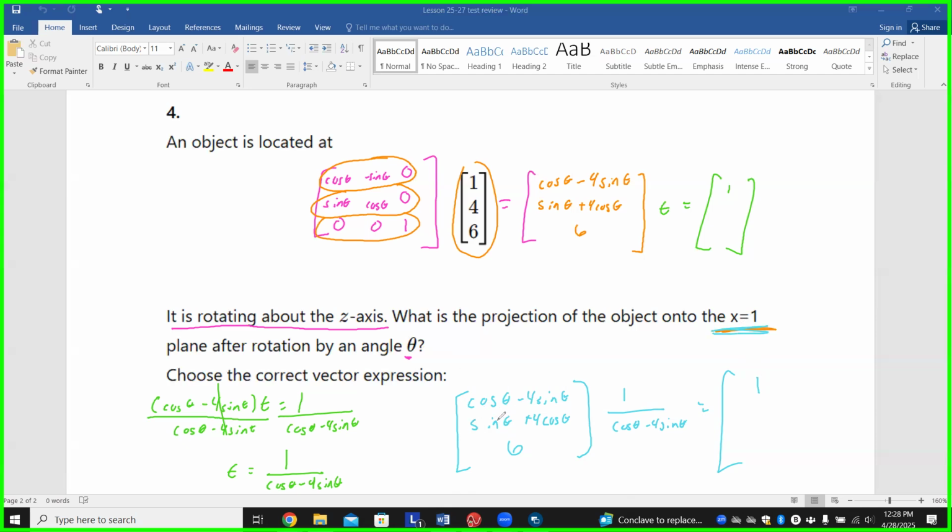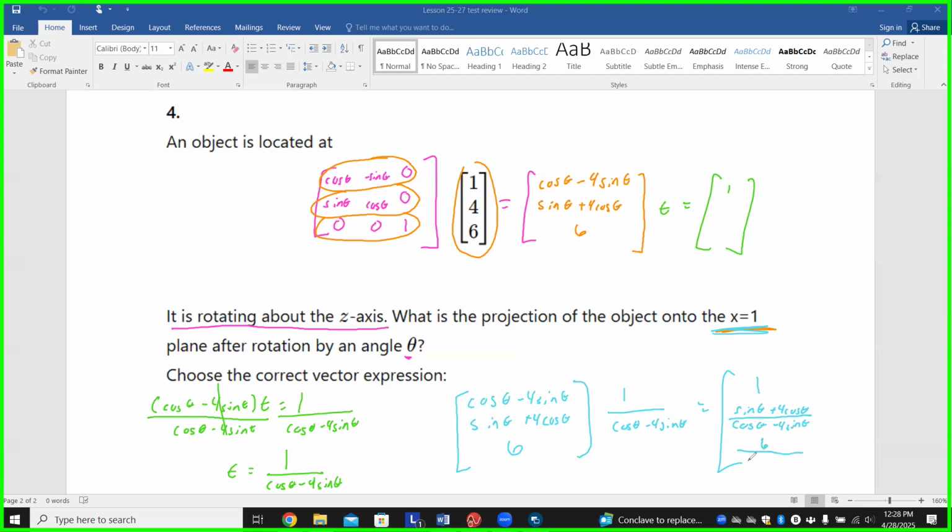When I take this guy, sine theta plus 4 cosine theta times 1 over cosine theta minus 4 sine theta, I'm just going to end up with a gigantic fraction. So it actually ends up just being sine theta plus 4 cosine theta over cosine theta minus 4 sine theta. And then if I take 6 times this fraction, it's going to be almost like the same concept.